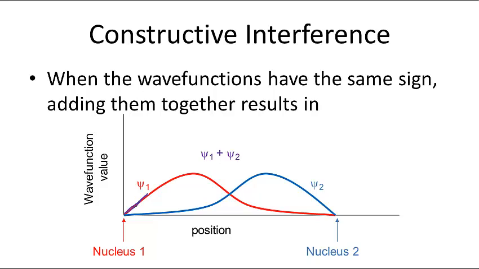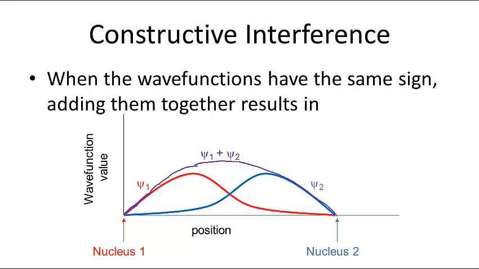But then at some point, the value of psi 2 starts to come up. And so what's going to happen to my curve now from combining the two? Is it going to go above or below the red line? Above. So it's going to come up above the red line. It's going to reach a peak right in the middle, and then it's going to come back down.